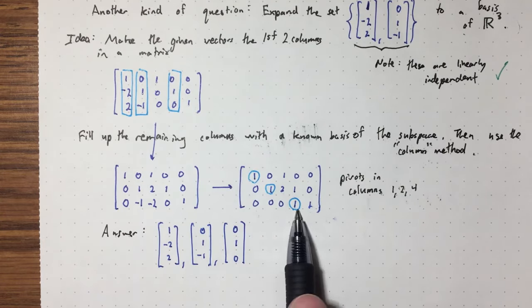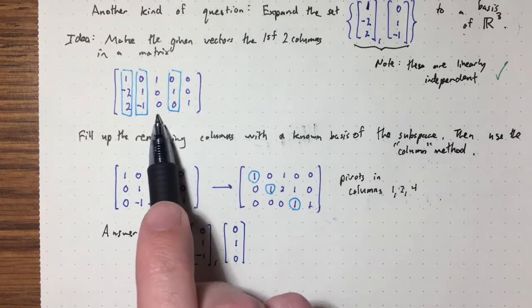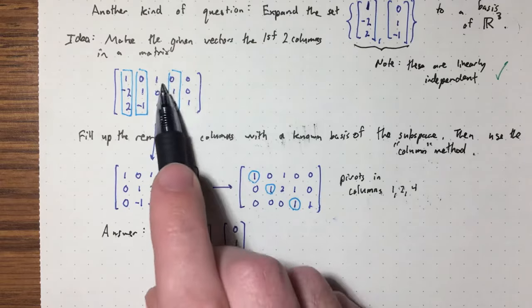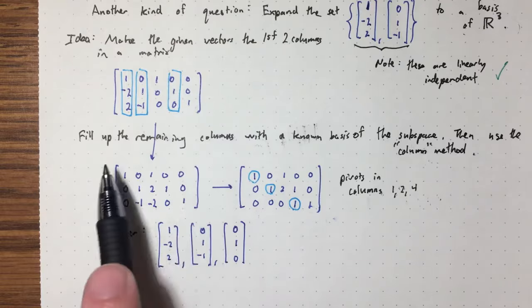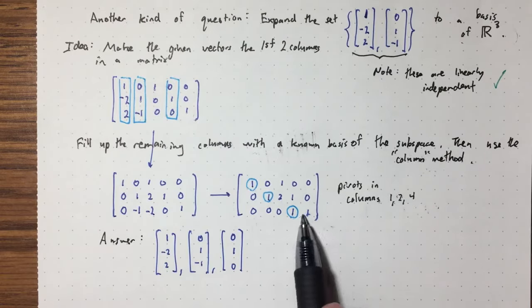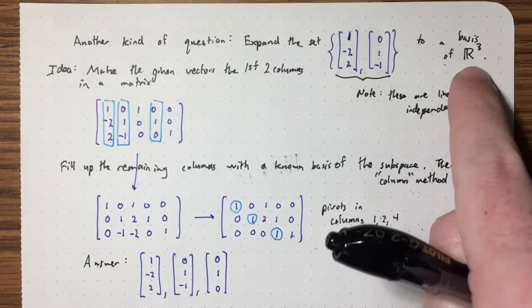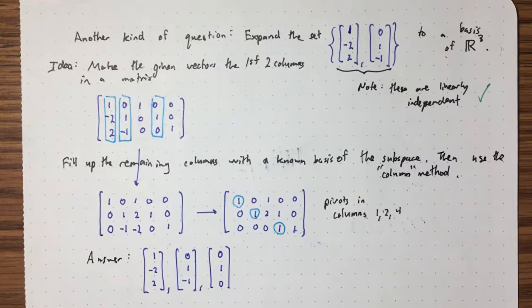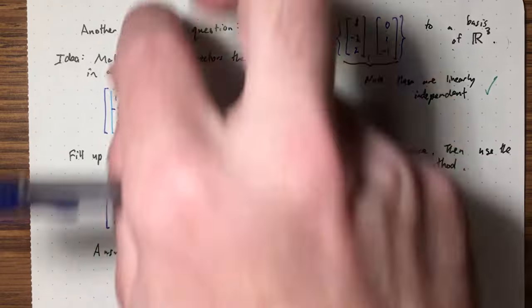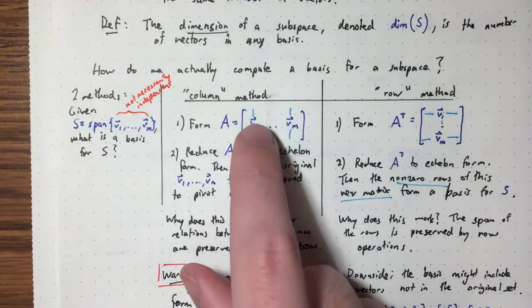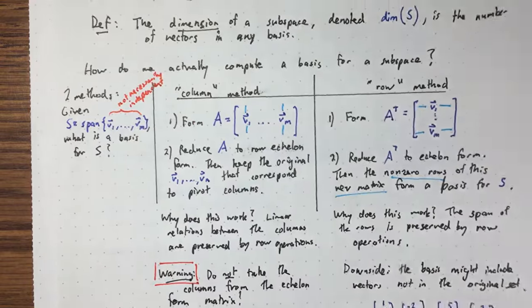And then we wanted to see where we can get a third pivot. We put all three vectors, 1, 0, 0, 0, 1, 0, and 0, 0, 1 in, just for good measure. And it turned out we only needed this one. But again, we put them all in because we want to make sure that we span R3. And then we use this column method. We can find which ones to get rid of, essentially.